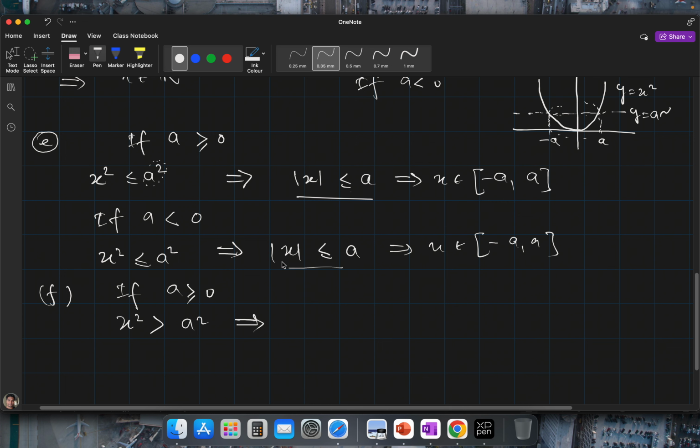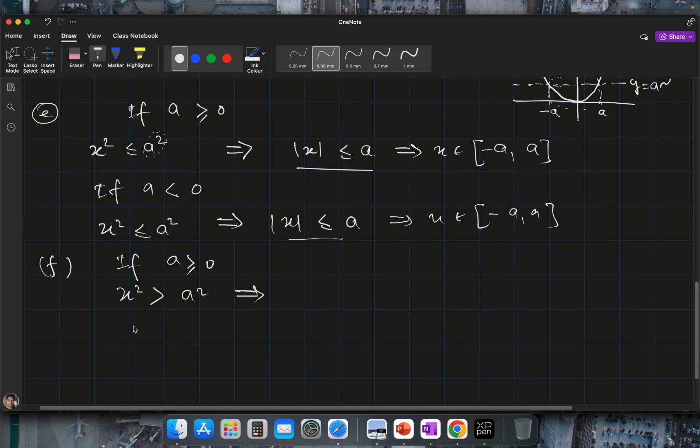What is the solution of this? In this case, what is the equivalent equation? This is the equivalent equation. Then what is the solution? X must be this union a to infinity.